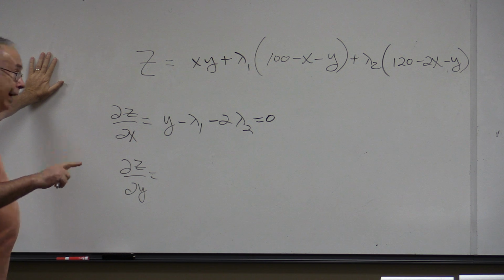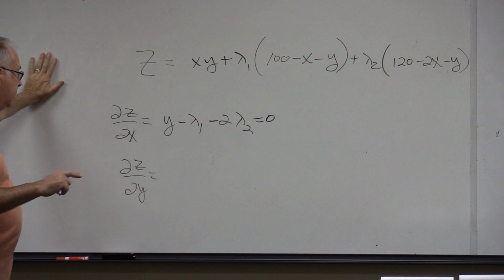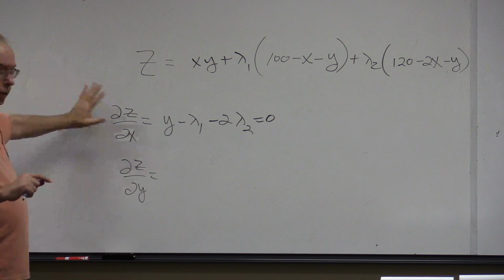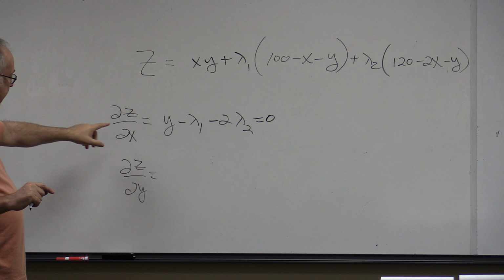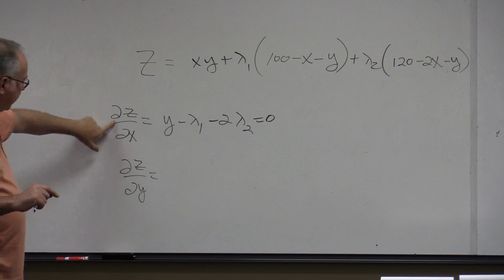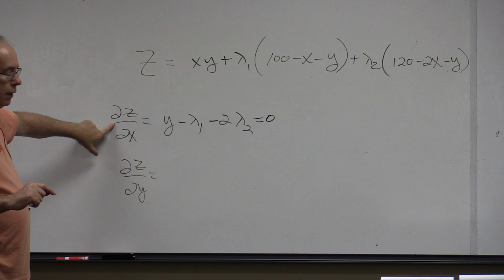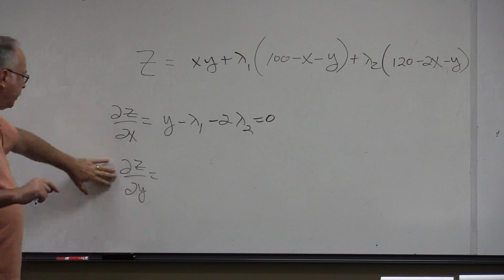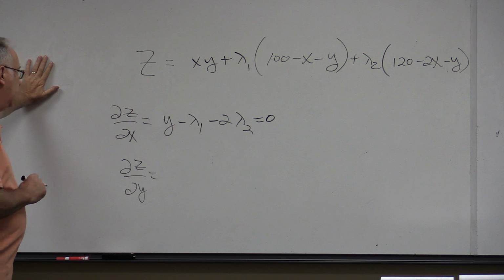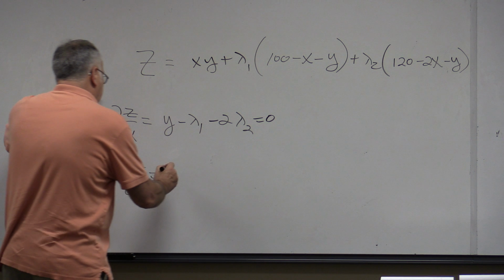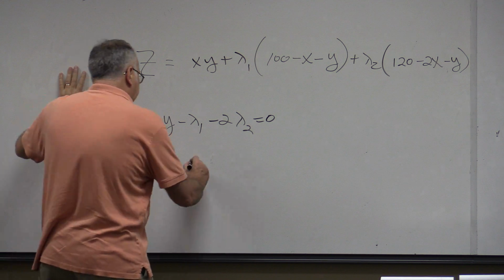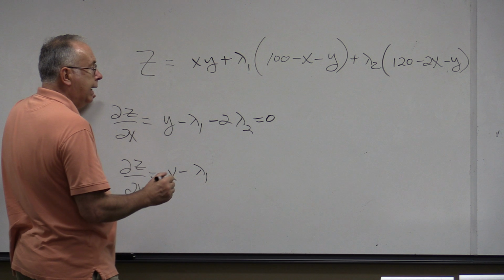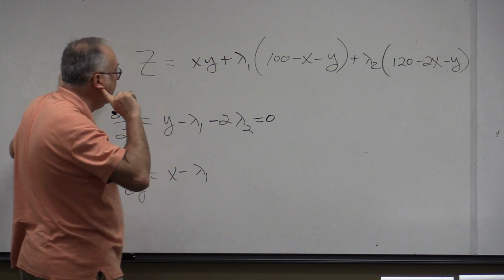But the value of x is going to be positive. So that means partial z, partial x is going to be 0. By complementary slackness, x times partial z, partial x must be 0. So partial z, partial y is going to be what? x minus lambda 1 minus lambda 2.